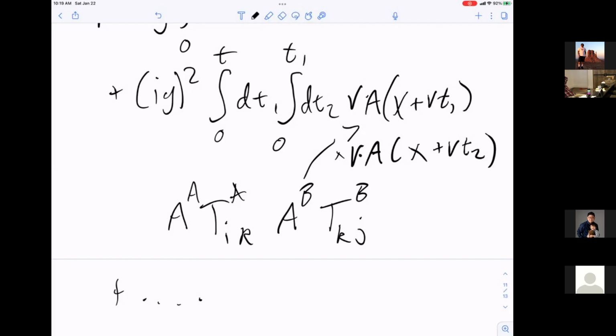Until I have a power counting, I don't know what to write down for my Lagrangian. You're going to do a power counting that tells you your leading order Lagrangian, and that power counting should have these things in it.